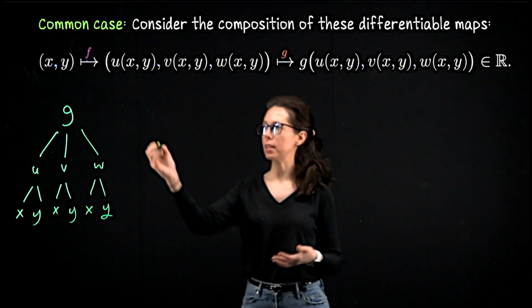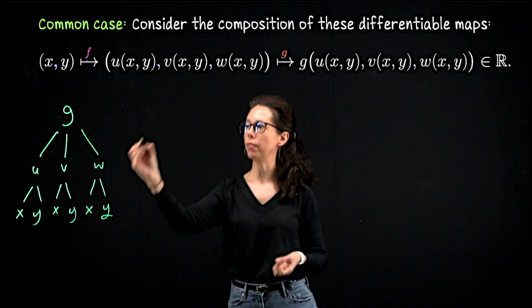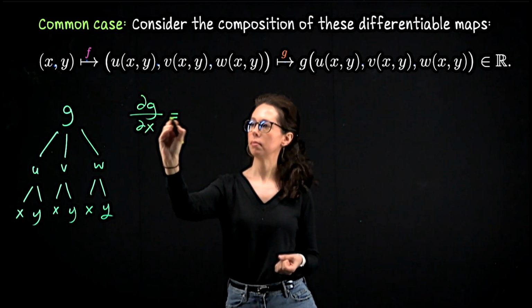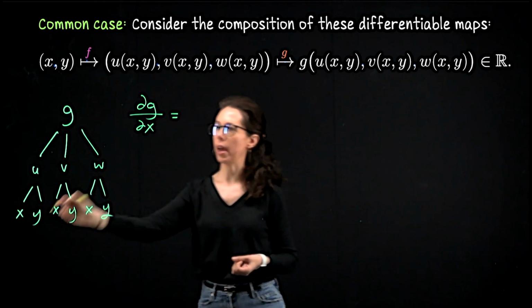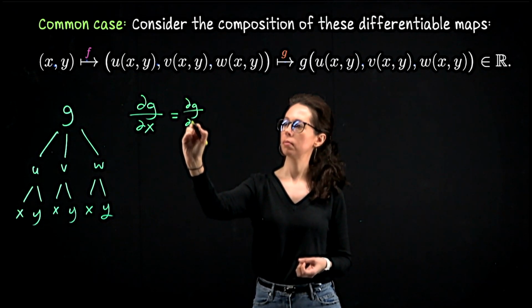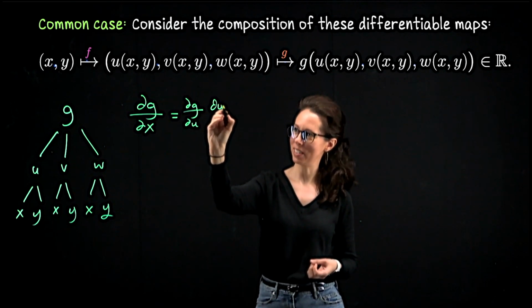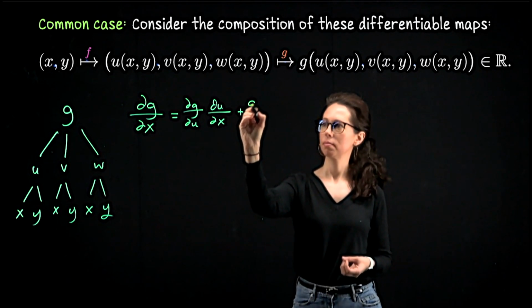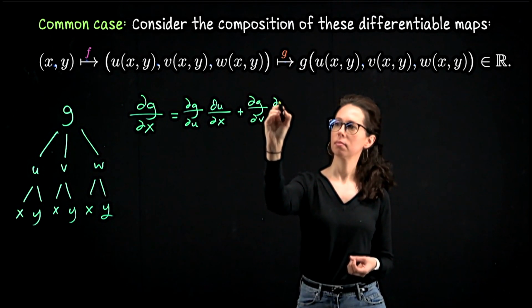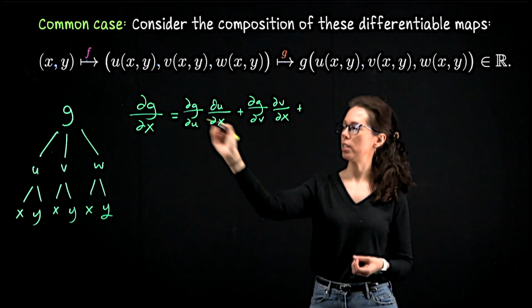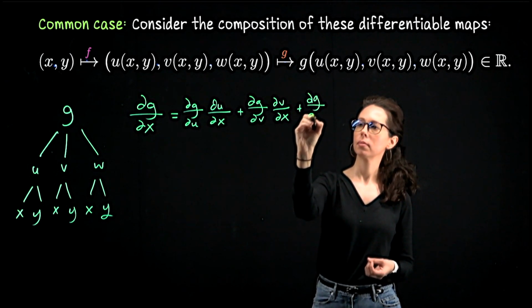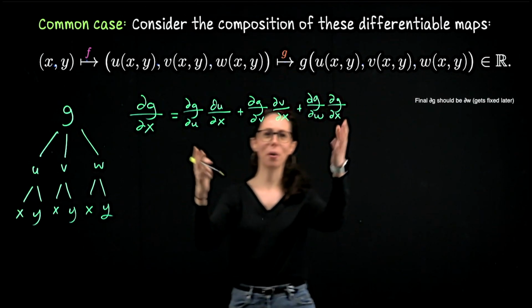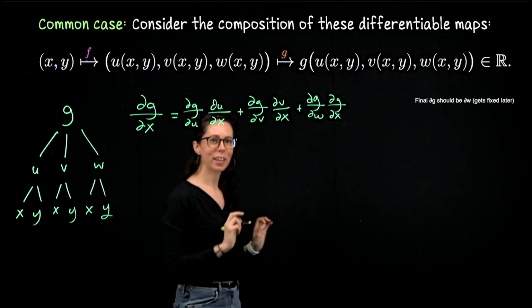How we often present this dependence that g has on this lower level is we'll say dg dx is dg du du dx plus dg dv dv dx plus dg dw dw dx, and I am shocked I didn't make any mistakes here. I almost always write at least one letter wrong, but I don't see anything.